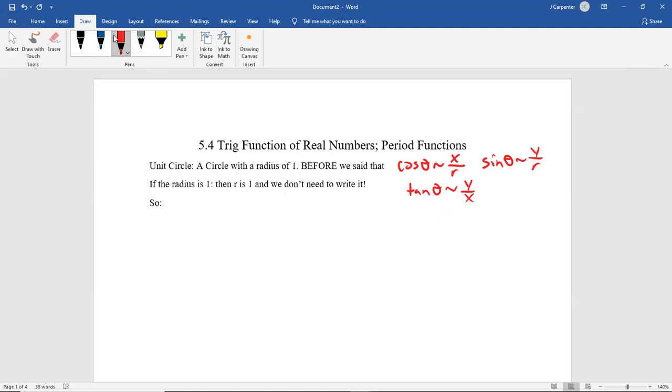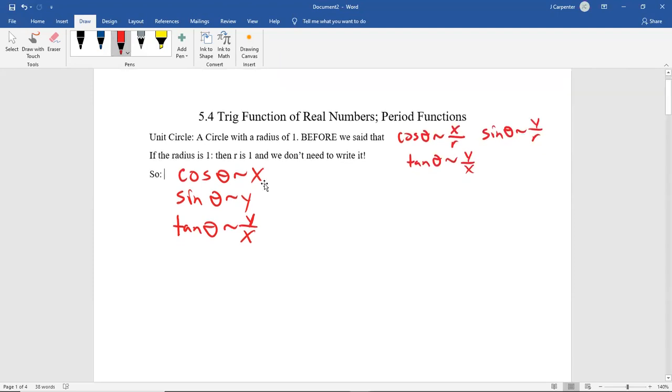So this is where we get that final version, which I've already been kind of using, but cosine really just goes like the x coordinate. Sine really just goes like the y coordinate. Tangent really just goes like the ratio of the two. That one doesn't get simplified, unfortunately, but it's fine. It just means that the size of your circle is irrelevant, but we like a unit circle because it's a radius of 1, which makes things easier.